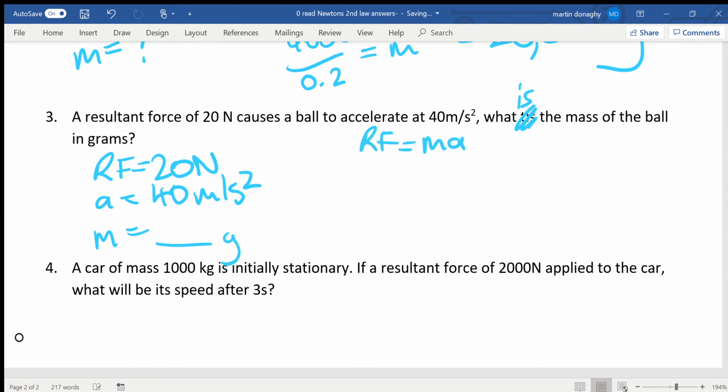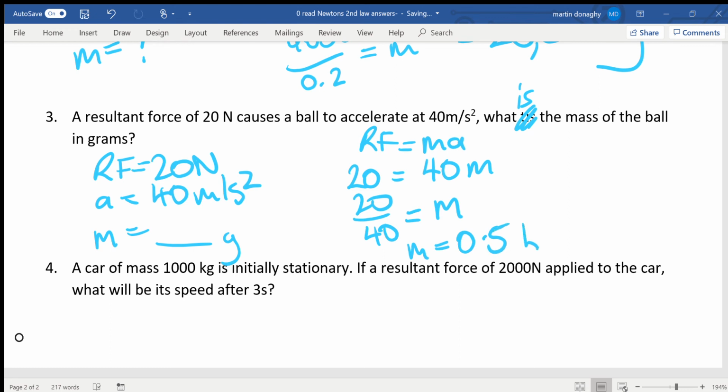We just write out our equation, we put the values in the units we usually use, divide both sides by 40, and it gives us that the mass of the ball is 0.5, and whatever comes out of that equation, it's always kilograms. However, we then need to convert that to grams at the end, which means we multiply by 1,000 to get from kilograms into grams, and it gives us that the mass of the ball is 500 grams.